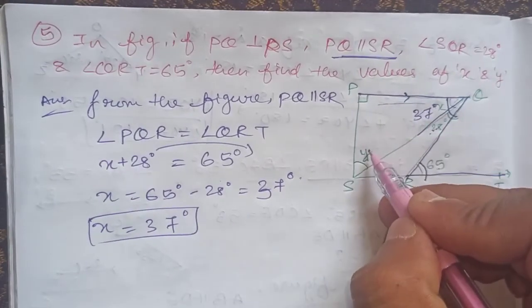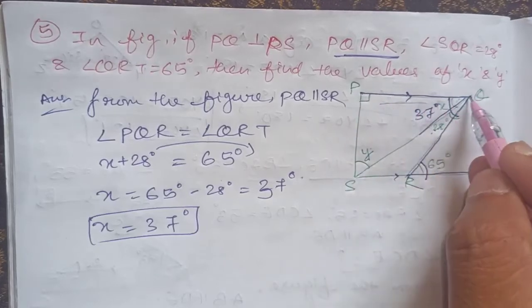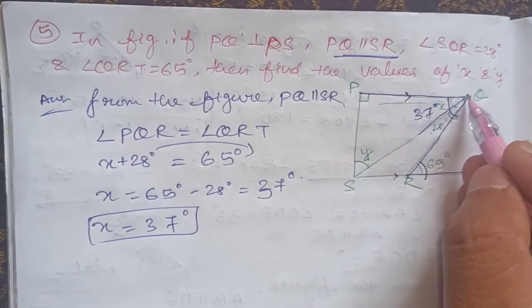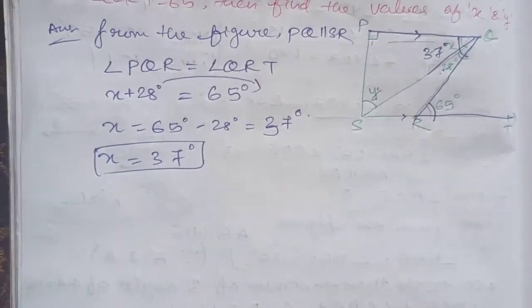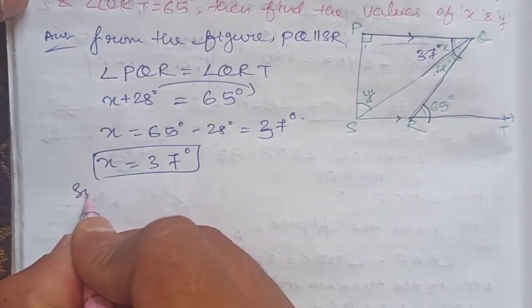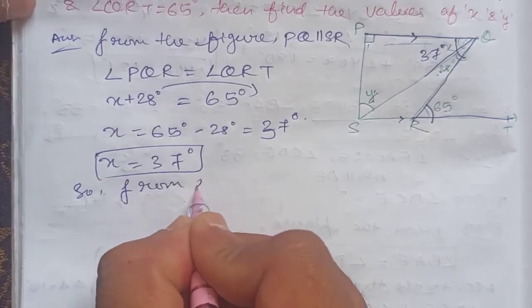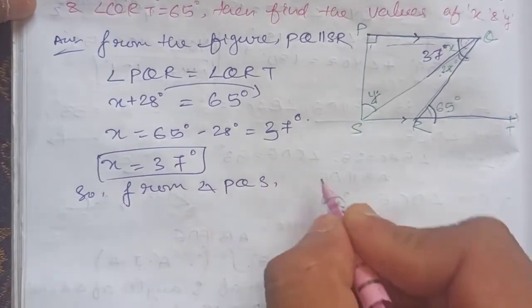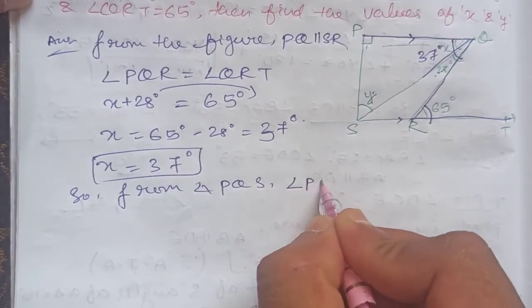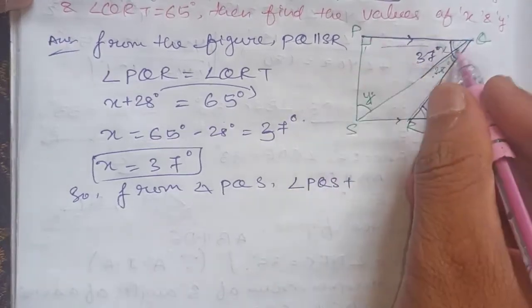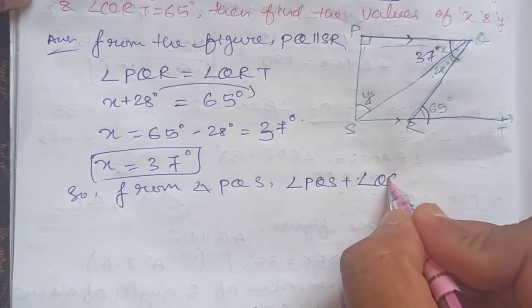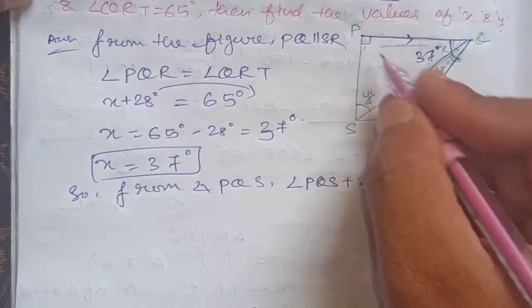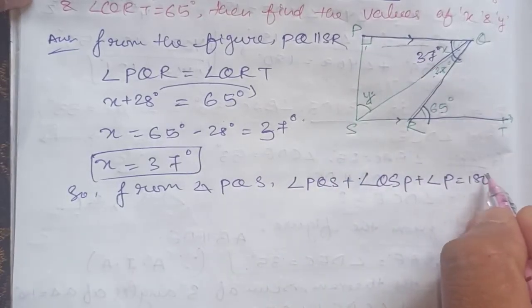Now we have to calculate the value of Y. Look here, it is a triangle. The sum of three angles of a triangle is 180 degrees. So from triangle PQS, angle PQS plus angle QSP plus angle P equals 180 degrees.